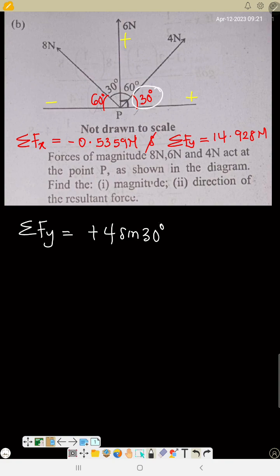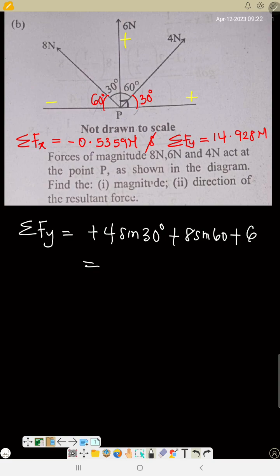So if I'm using horizontal, this place is cos, vertical is sine. Now I'm doing vertical. So plus 4 sine 30 plus 8 sine 60, then plus 6 because this 6 is vertical already. So just add plus 6 because the sign there is plus. So add everything together. So this is without a table.